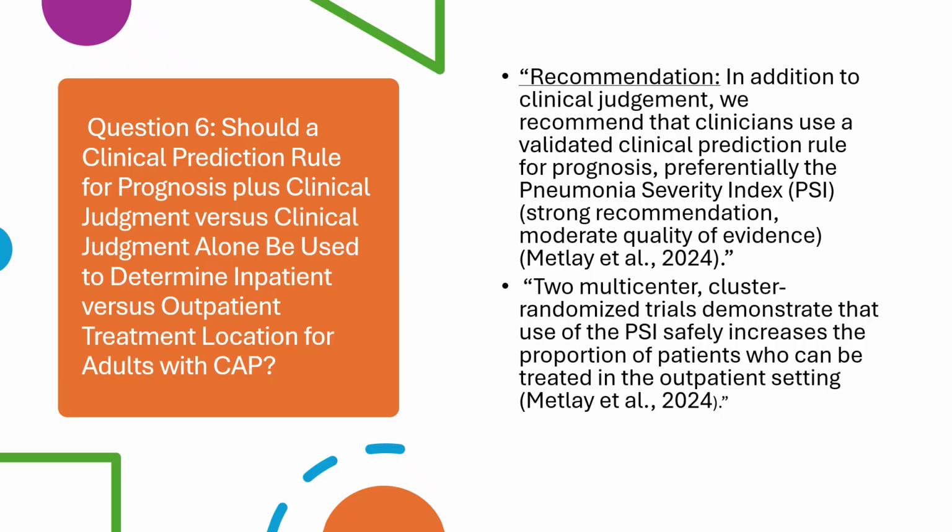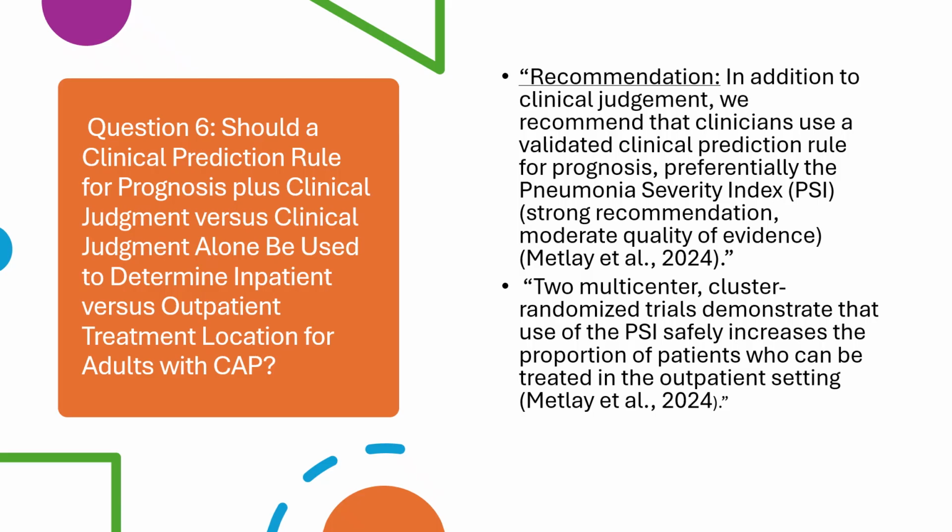Another of the questions that resonated with me on the outpatient basis recommends that the use of prognostic tools be included in the decision matrix for deciding to transfer from outpatient to inpatient care. Of the two tools mentioned, the Pneumonia Severity Index, or PSI, and the CURB-65, use of the PSI along with clinical judgment is good evidence-based practice.